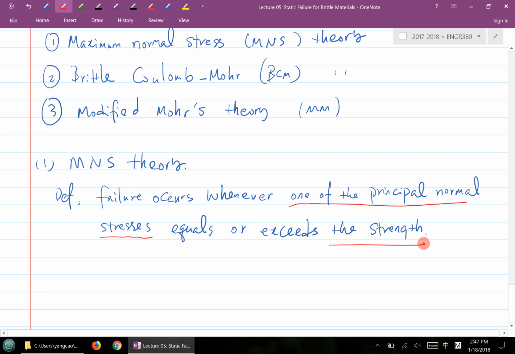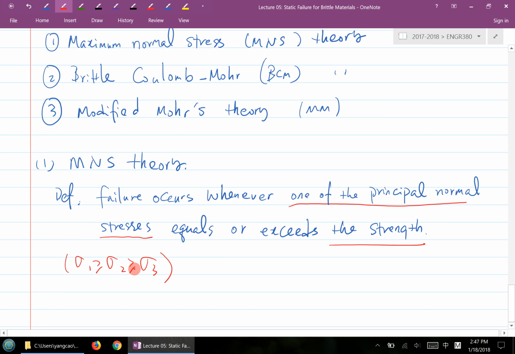So how many principal normal stresses do we have? 3, right? Remember in the 3D case, you have 3. What are the 3? Sigma 1, sigma 2, sigma 3. It's always arranged from high to low.